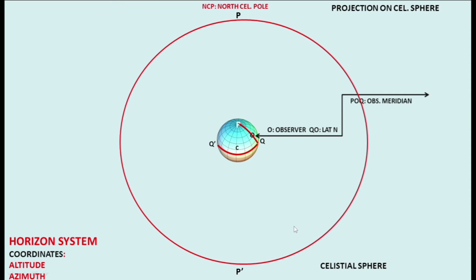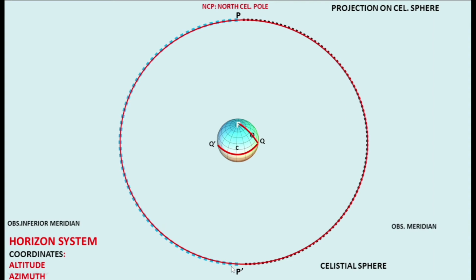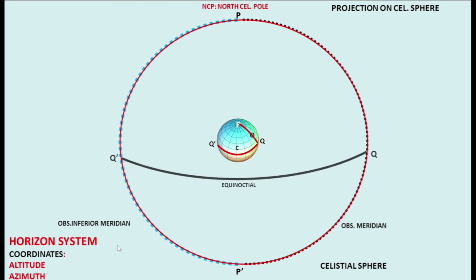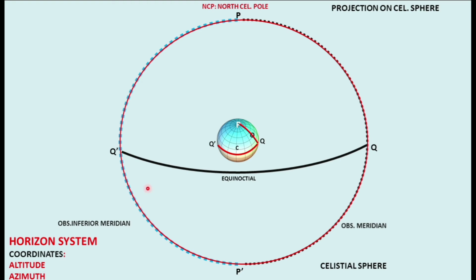And this is your celestial sphere with the celestial poles and the meridians, starting from P to P dash on one side and P to P dash on the other side. On the side of the observer, that's the observer's meridian. The other side, which is 180 degrees opposite, is the observer's inferior meridian.